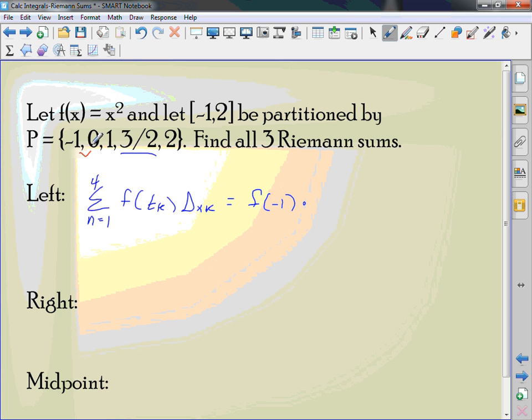What's the change from here to here? 1. Plus the next one's f of 0 times, what's the change between 0 and 1? 1. Plus f of 1 times, what's the difference between 1 and 3 halves?